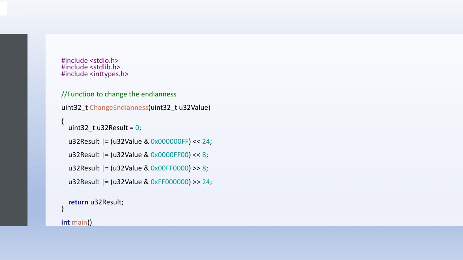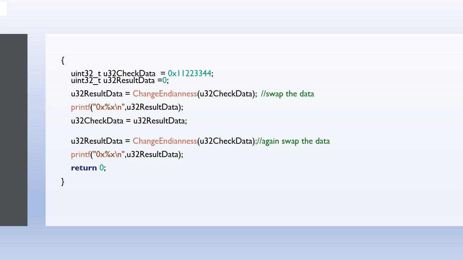So in the main function, how would I use it? Using a data, we'll go ahead and see. I have a value data 0x11223344, and I just call that function change endians and pass this u32 check data.